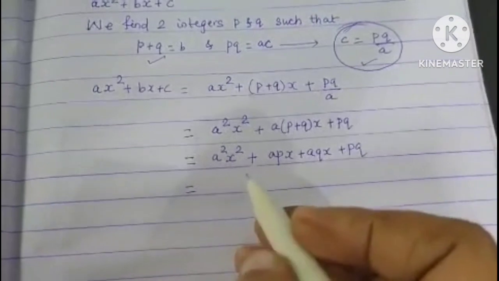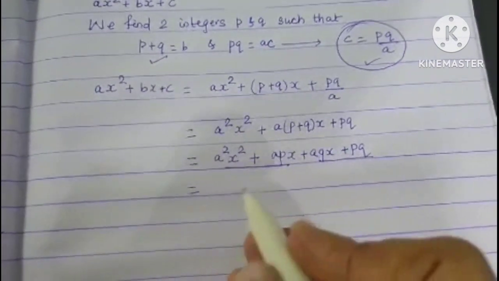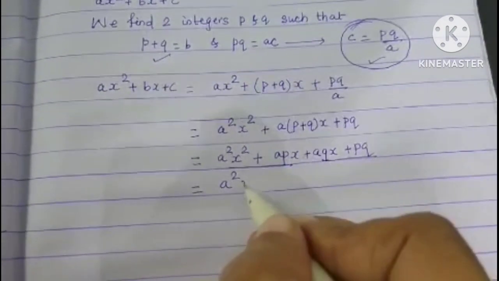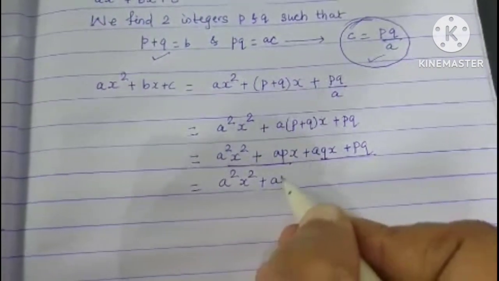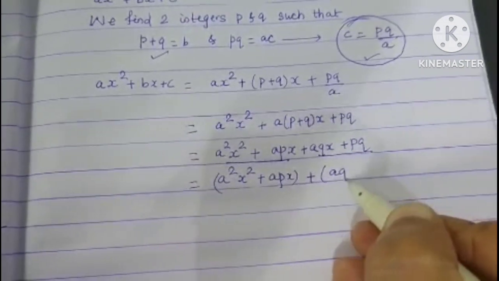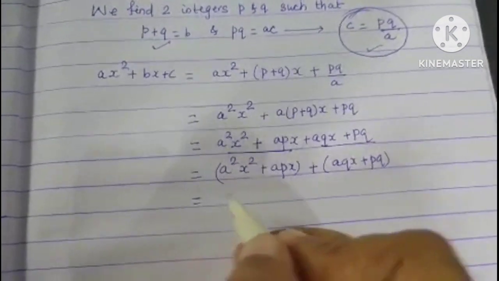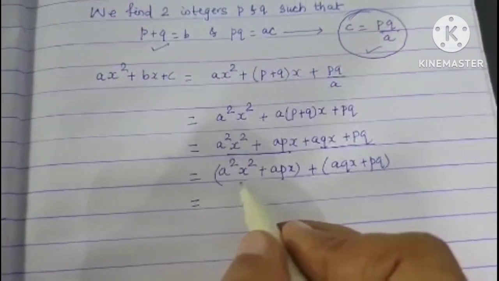Now let us make the grouping, these two terms and these two terms. So it will be like this: a square x square plus apx will be one group, plus aqx plus pq will be another group. Now let us take the common terms out.